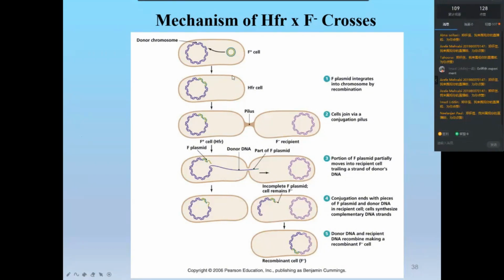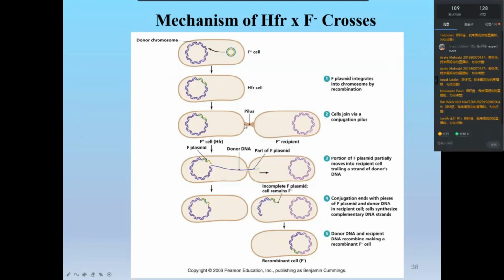And this strain we call an HFR cell, or high frequency recombinant strain. It carries the F factor on its chromosome. It can still express the genes on the plasmid fragment, so it can also produce sex pili.